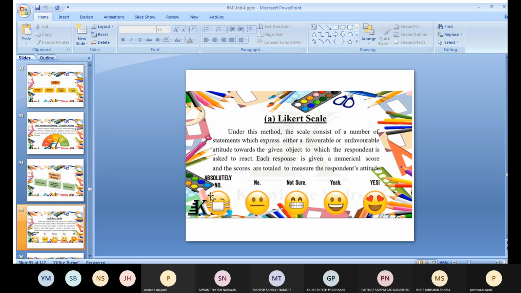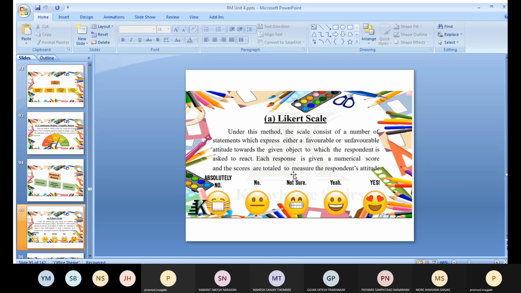This will be called a Likert scale. It is not measured on yes or no type, but on multiple options, like absolutely no, I'm not agree, no, not at all, not interested, not sure, a confused state.